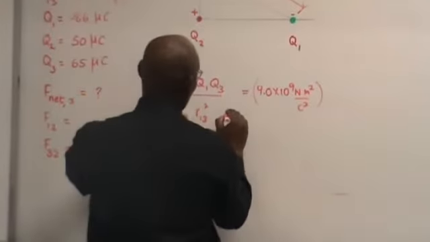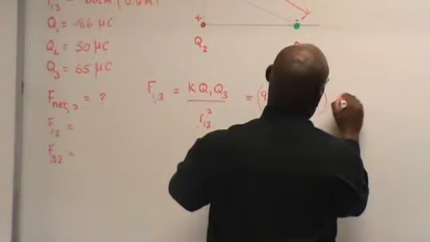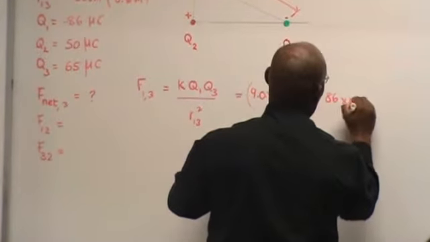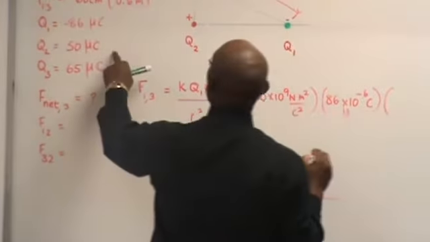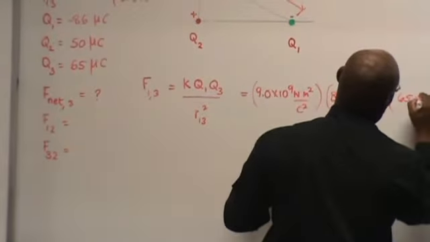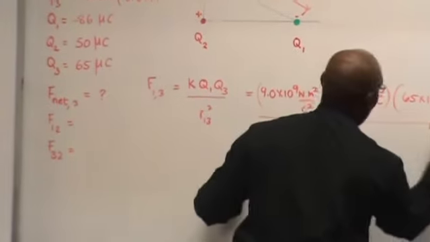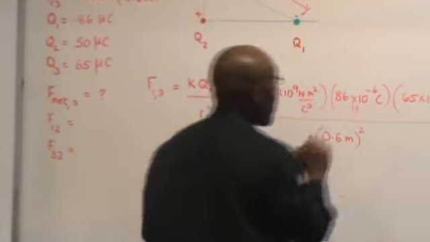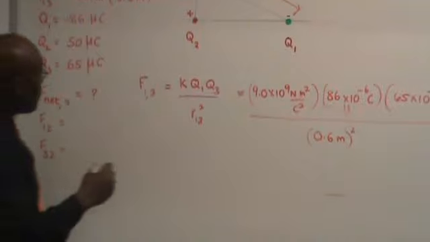So Q1, 86 times 10 to the negative 6, Q3, 65 times 10 to the negative 6, divided by 0.6 meters squared. Somebody please do that for me quickly.